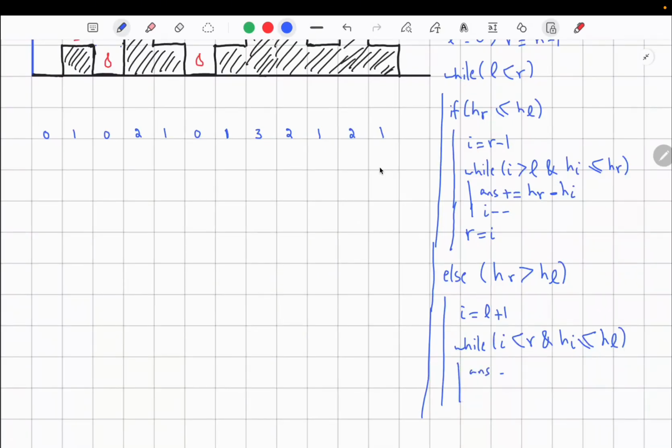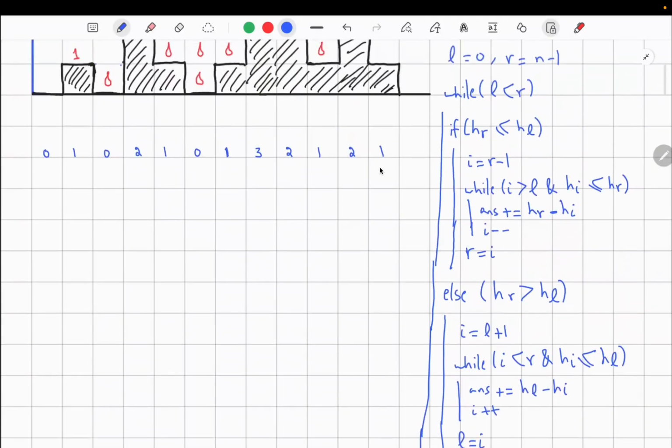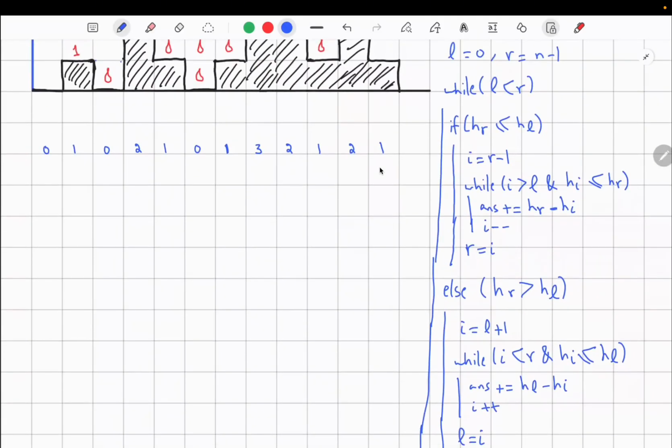In each step, we should add to the answer the amount of water that we can trap, which is height of the smaller index minus the height at the current index, and we should advance I to the right. So we say I plus plus, not I minus minus. And then when the while is gone right here, we should move the left and put it equal to I. And this will be the whole algorithm. So let's go and write it on Leetcode.